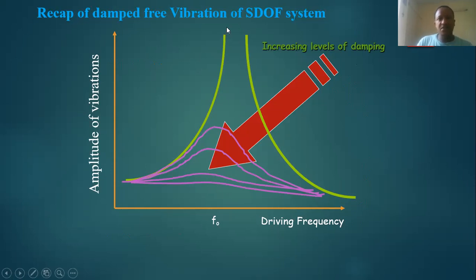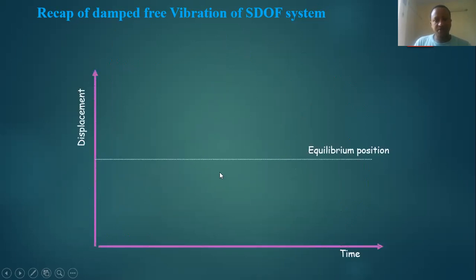So this may be the underdamped condition. And when we come to this, it may be damping with a very low damping ratio. And this one is damping with a high, a very high damping ratio, which yields this type of response.